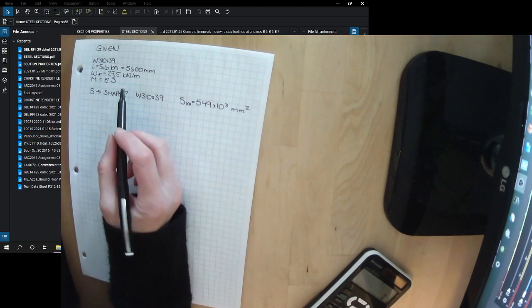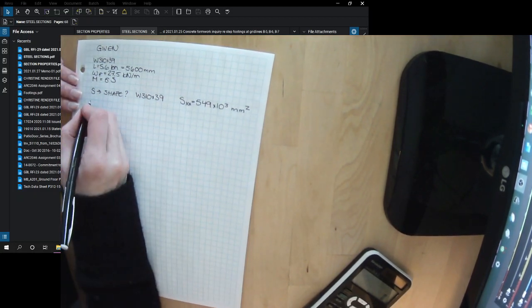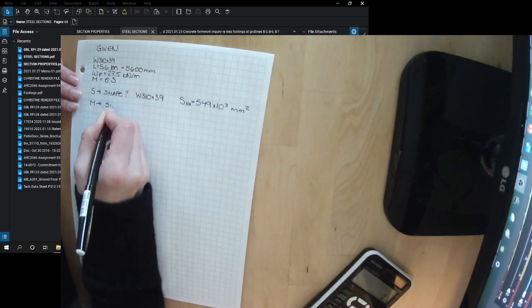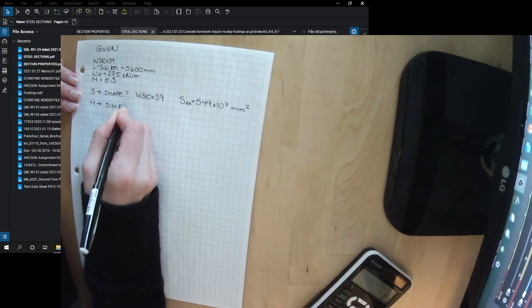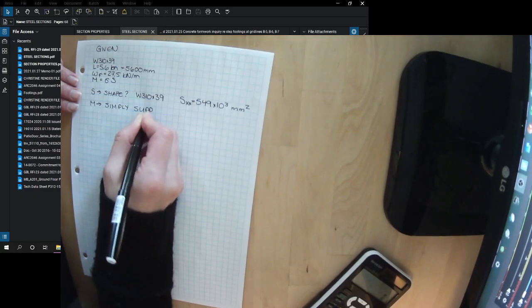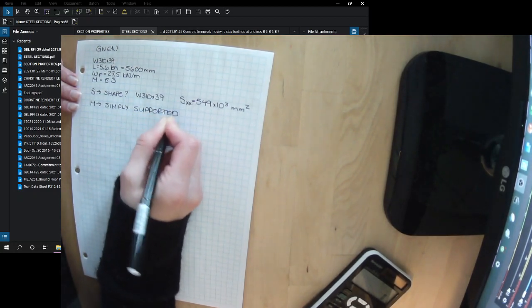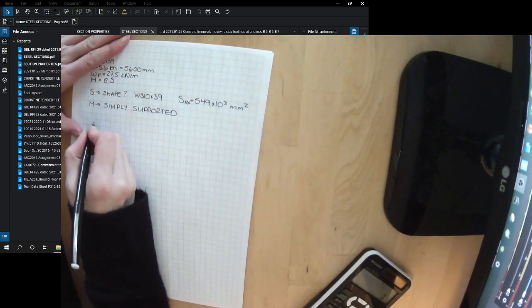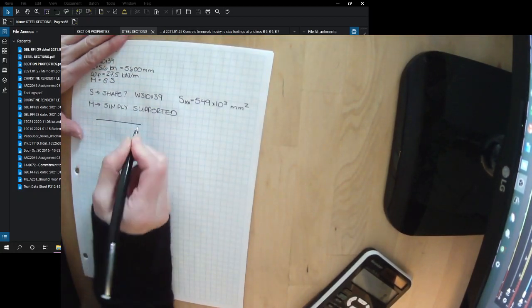So we know that it is a simply supported beam. They said it was simply supported. So maybe we could calculate what the M is on this, or the moment on this.